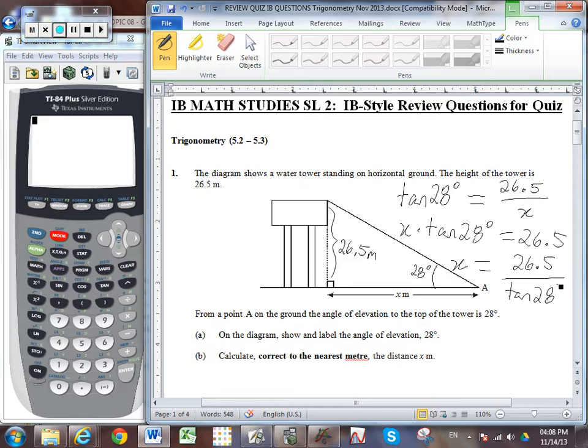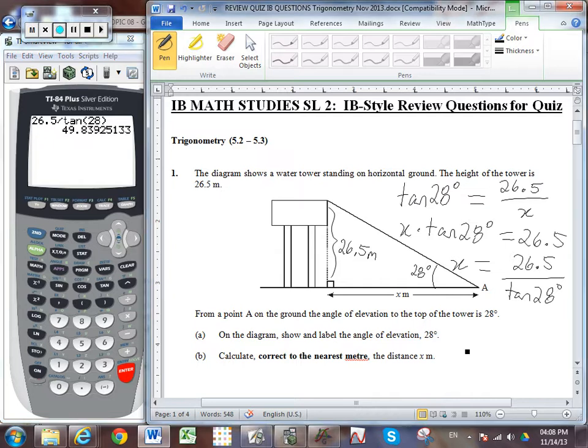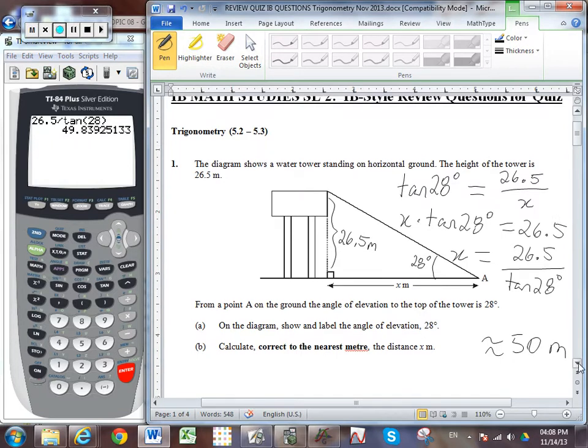Let's type this into the calculator then. What do we get when we take 26.5 and we divide it by the tangent of 28 degrees? We discover that we get 49.8. Oh, it says correct to the nearest meter. So that's going to round to 50 meters, isn't it? So approximately 50. And don't forget your units of meters.